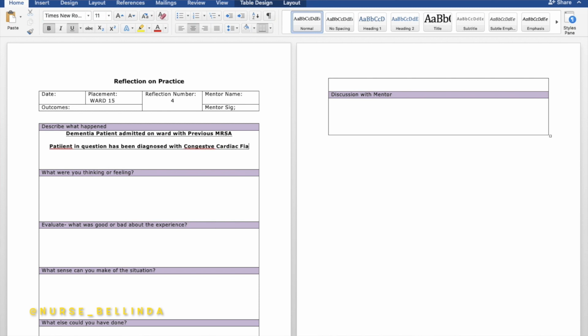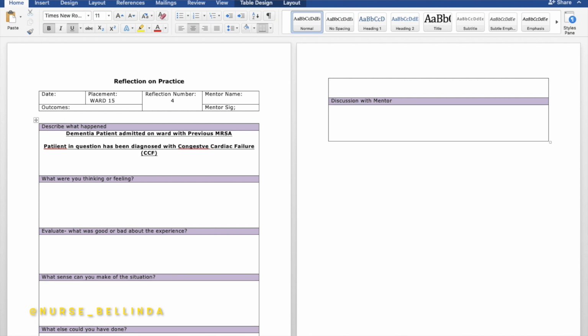So in brackets I'll put CCF, because that's the abbreviation for it. And past MRSA as well as dementia. So that is what the patient came in with.